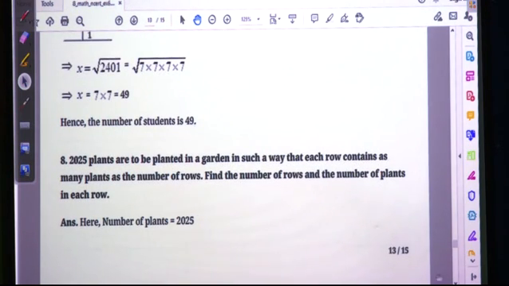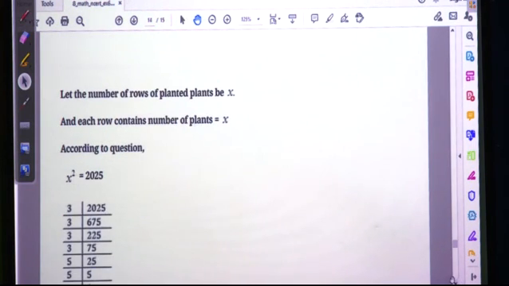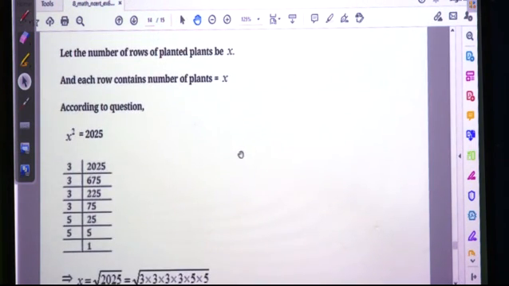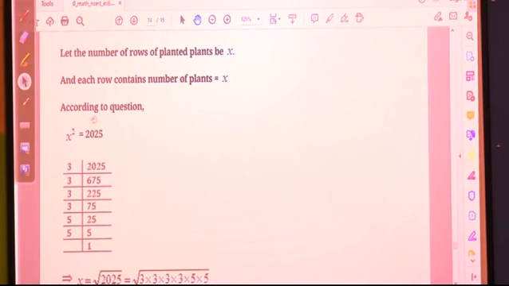Number of plants 2025. Let the number of rows of planted plants be x, and each row contains number of plants, it is x. According to question, x square is equal to 2025.